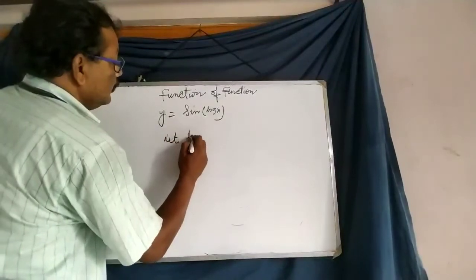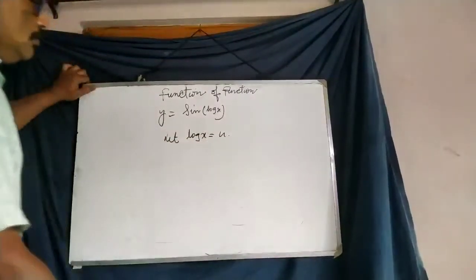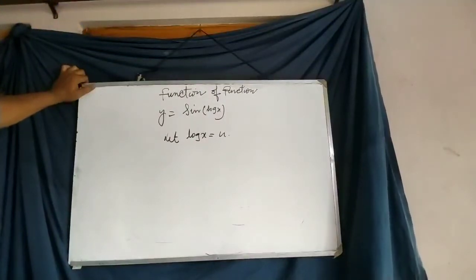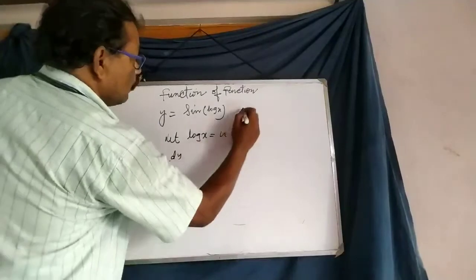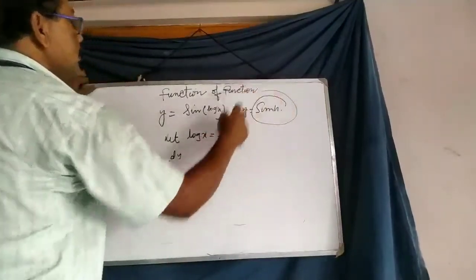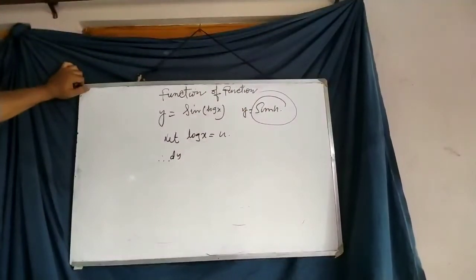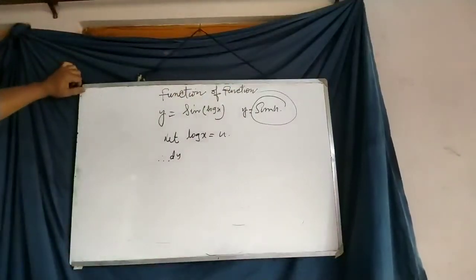Let log x is equal to u, then y is equal to sin u. I can write y is equal to sin u. Here I can say that y is a function of u.